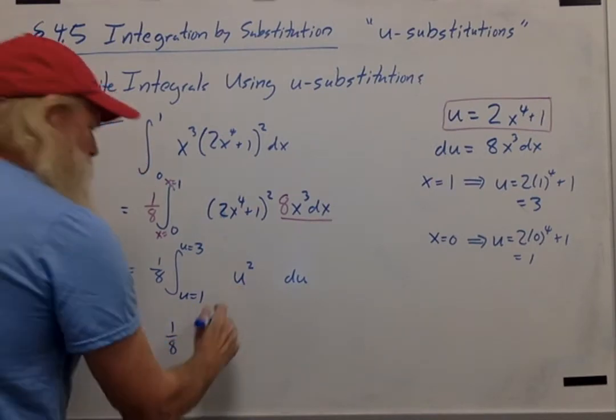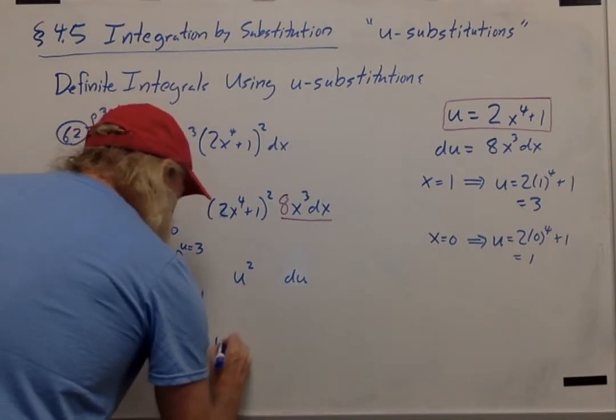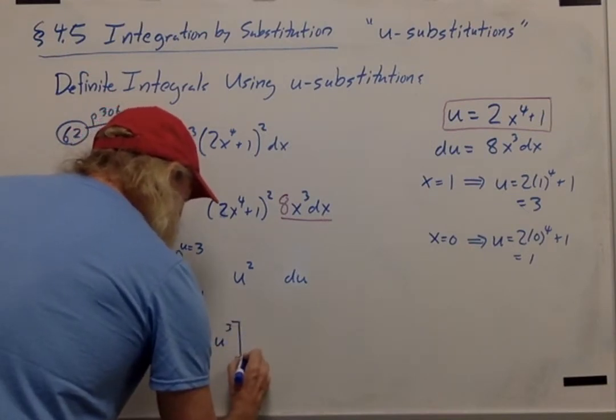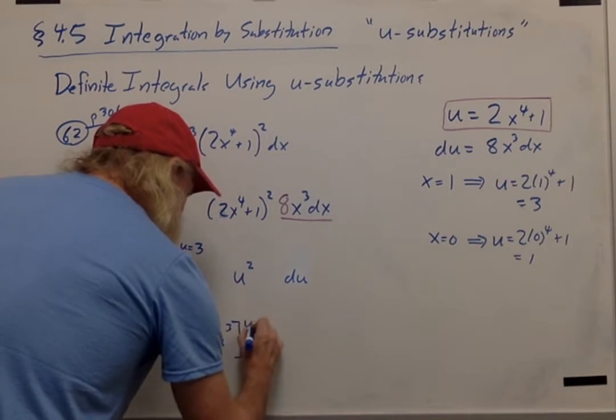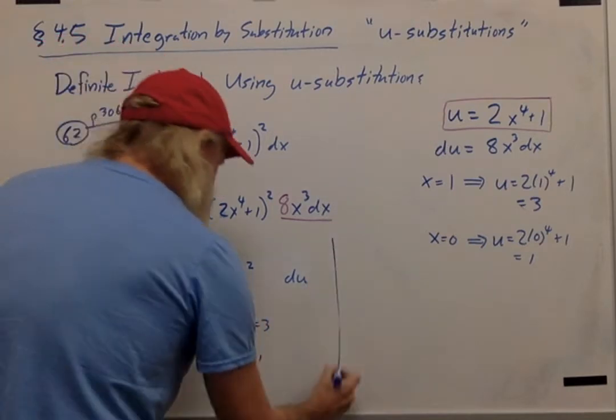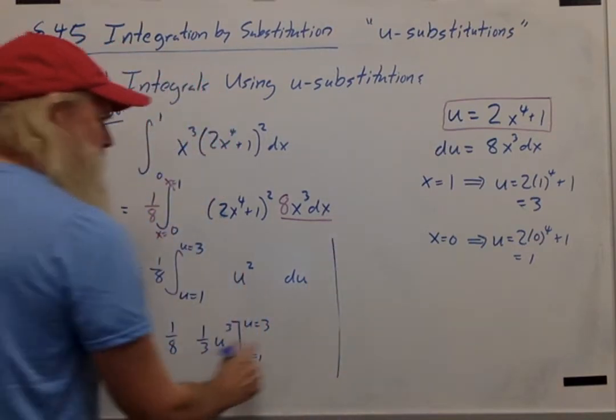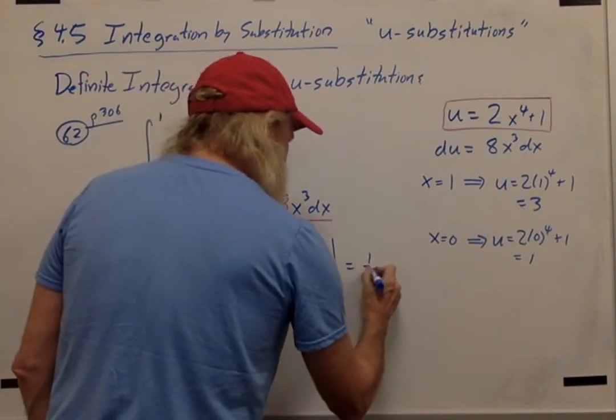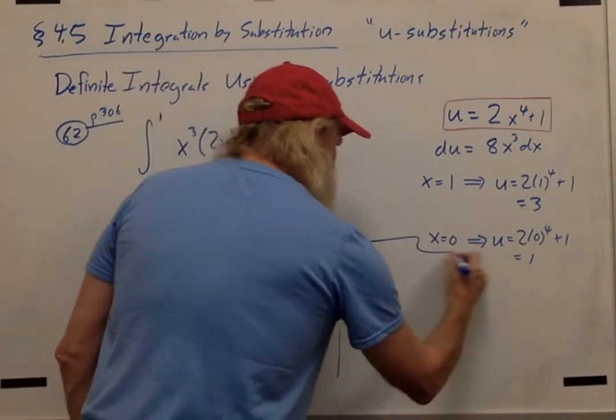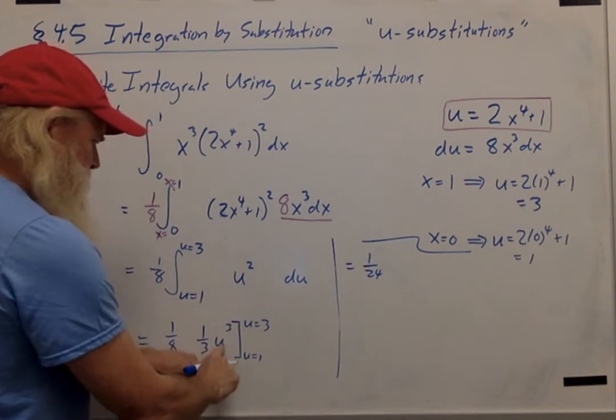The antiderivative of u squared is 1/3 u cubed. And I'm going to take that from u equals 1 to u equals 3. An eighth times a third is 1/24. And let's substitute in for u.